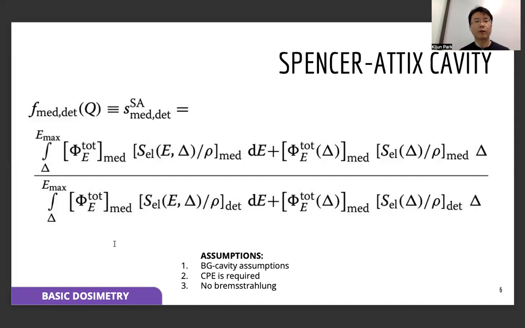We can split the integration at the delta cutoff energy: from delta to the maximum energy, and from 0 to the delta cutoff energy region, for medium over detector. Under these assumptions, of course, the Bragg-Gray cavity assumption plus charged particle equilibrium is required. This is what we learned in class.